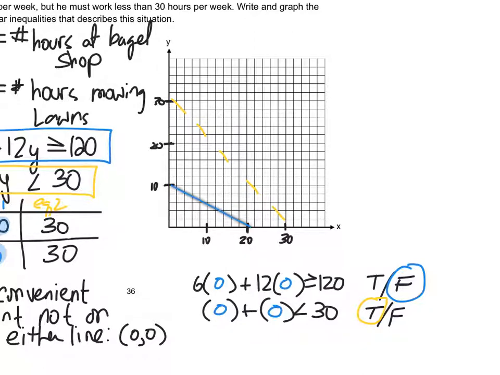For the other one, it's in the direction of 0, so it has to be downward. So if I'm shading to account for those two relationships, above the blue, below the puke yellow, it's going to be the area in between. All right, so we're looking at this being our solution region.